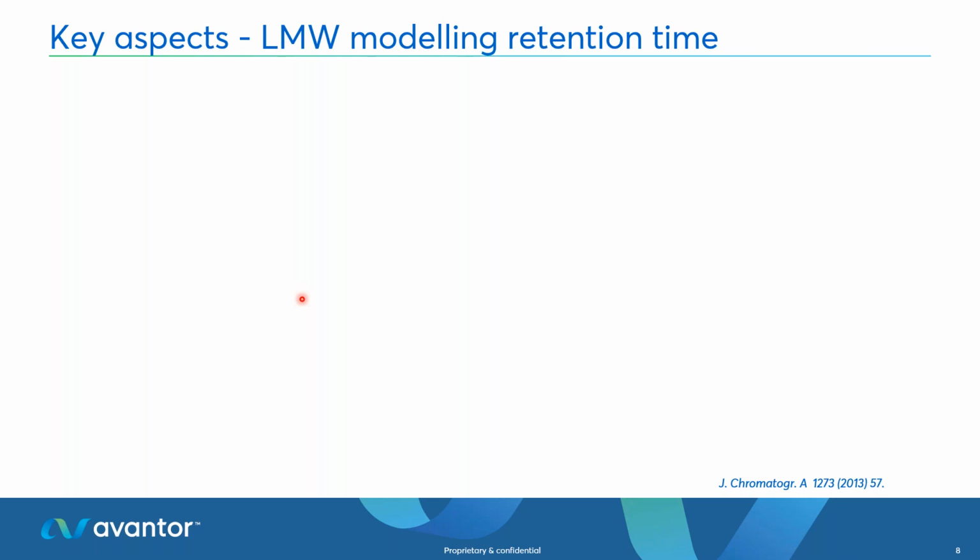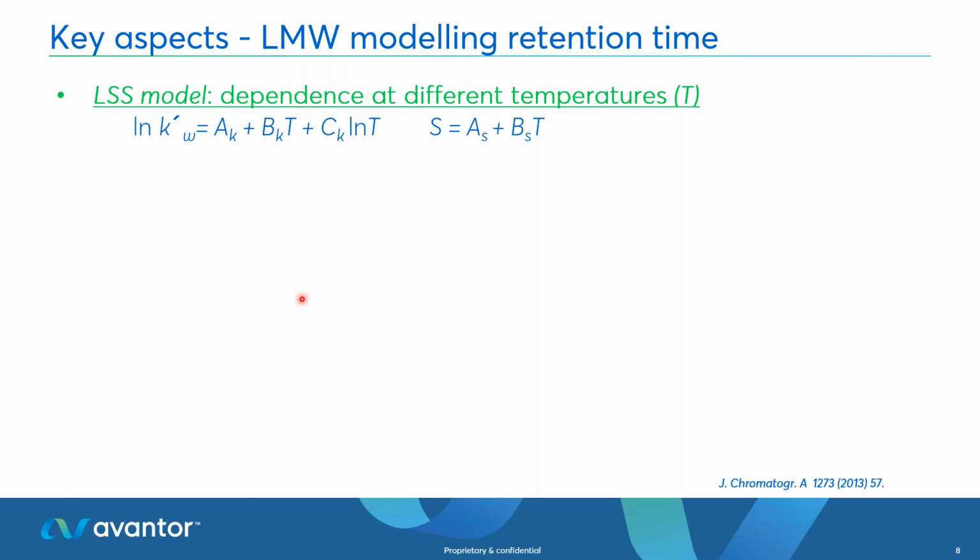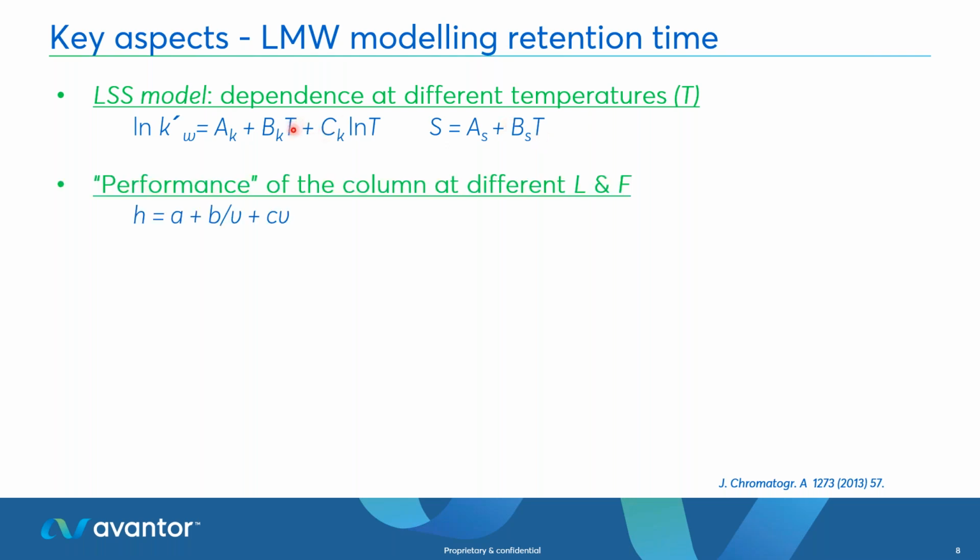So there were three aspects that were really important to integrate. The first one being we needed to definitely capture the retention times as we change the temperature environments for our separations. And the linear solvent strength model really served us well, and we had to integrate dependence for the different temperatures.